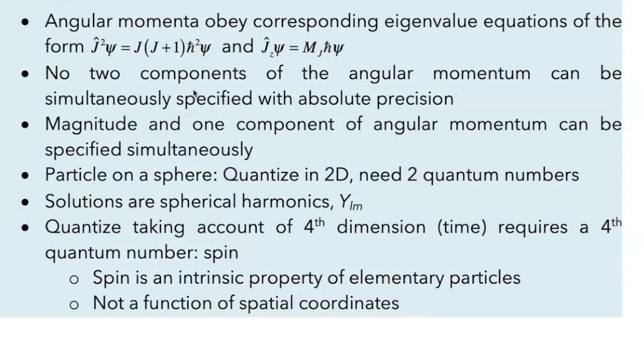No two components of angular momentum can be specified simultaneously, but you can specify both the magnitude, J, and the component, m sub J, at the same time. So those two are good quantum numbers. We can specify them and the values they have simultaneously, right? Exactly.